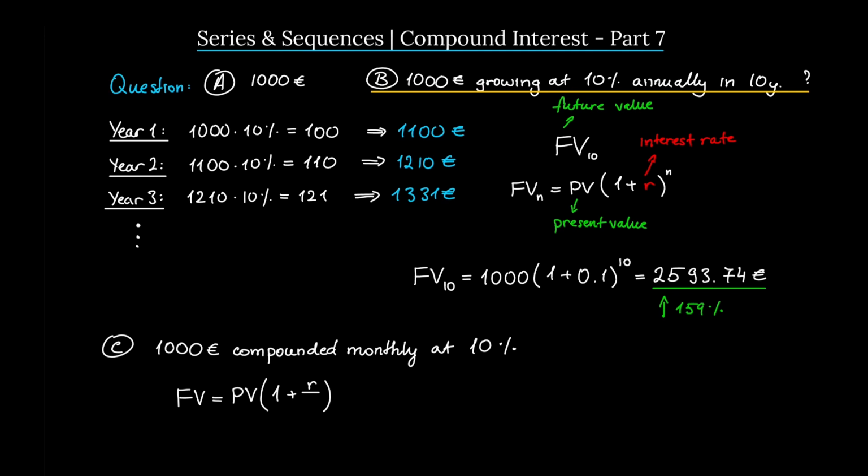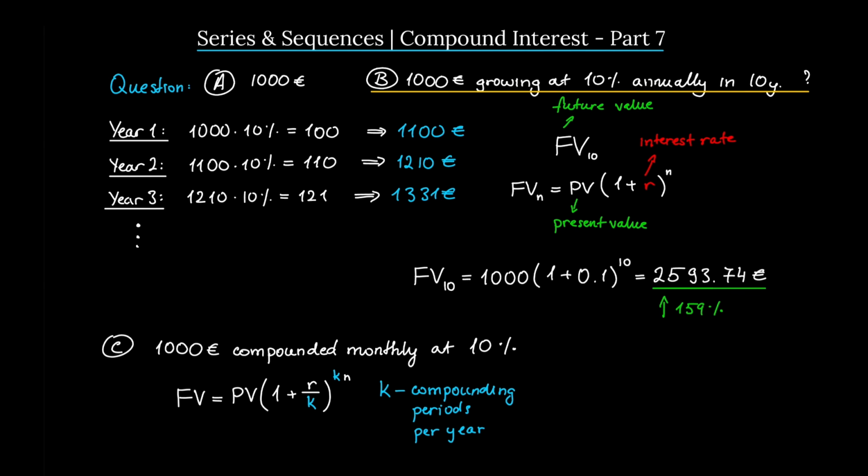In that case, our formula is going to need another adjustment. Mainly, the interest rate is going to be divided by the compounding periods, and then the number of years is also going to be multiplied by the compounding period per year, k. So that means if it's compounded annually, this k would just be 1, like in our original example.